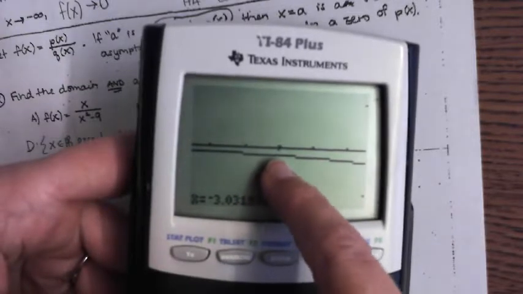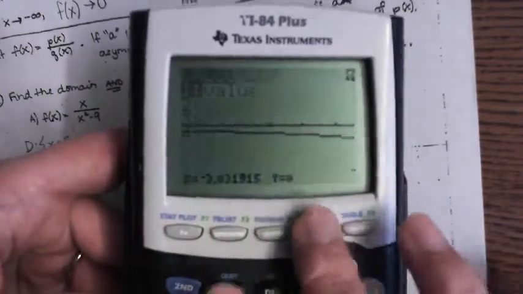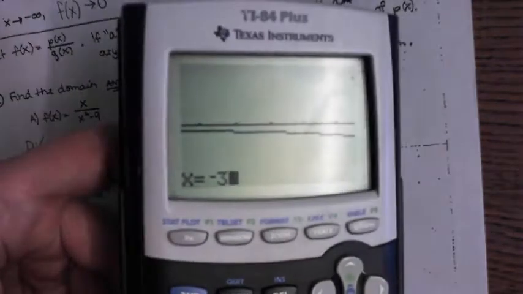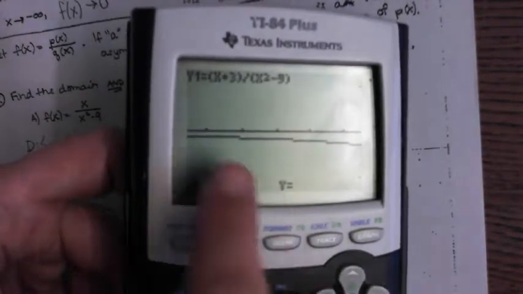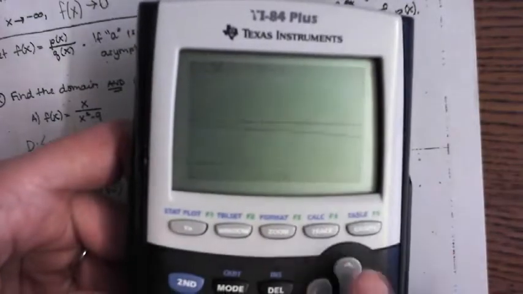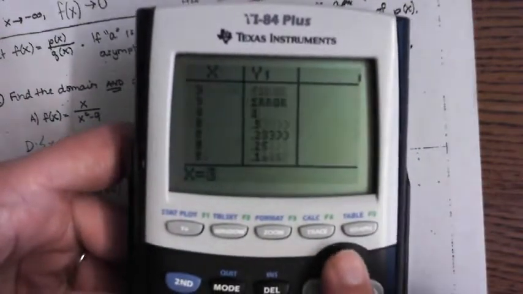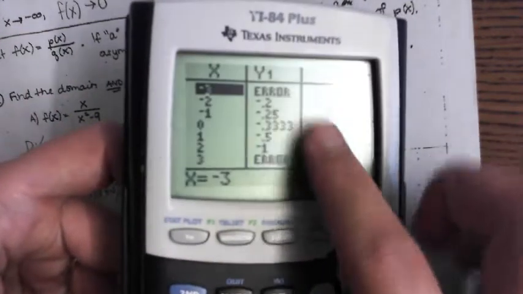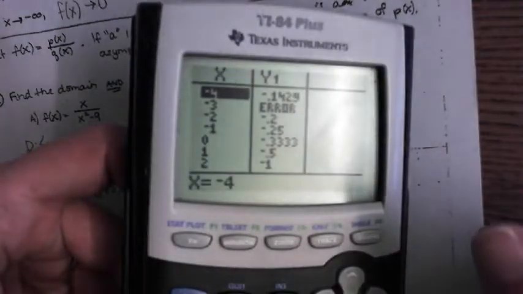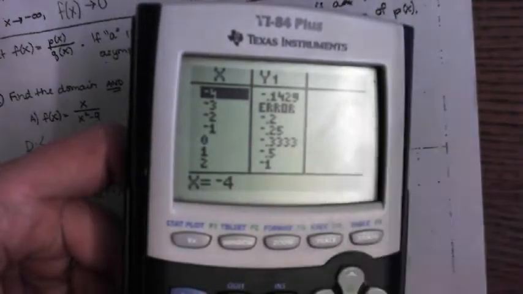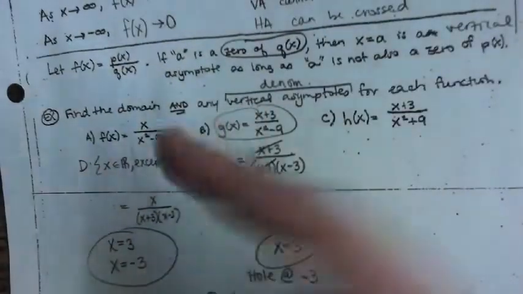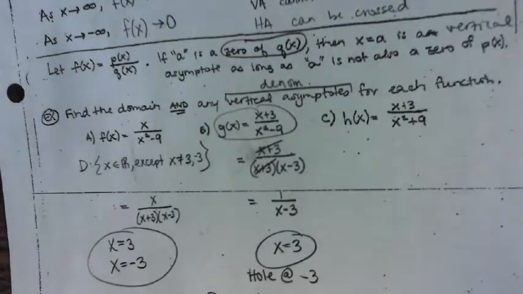The way I'll know it's there is if I do second trace and value, and I type in negative 3 to see what the coordinate is at negative 3, it will come up empty. There's nothing there. And if you look at your table, you'll just see an error at negative 3. You'll see things to both sides, no problem. But you'll see an error right at negative 3 because there is no point there. Because when we plugged in negative 3, we got 0 over 0. So there's no output for that.